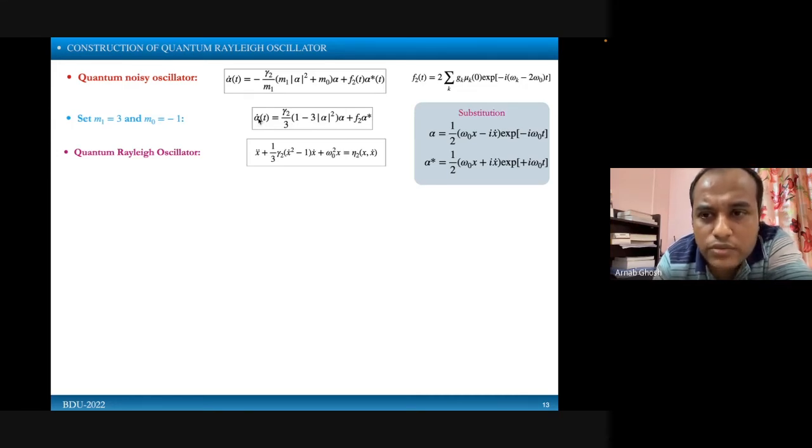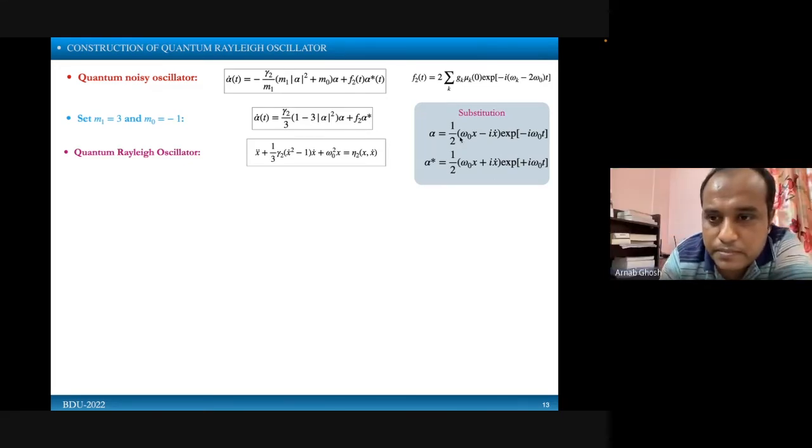To get back from this equation to this one, you have to have these substitutions. So if you have this alpha dot, and you have x dot only, then you get this x double dot and so on. This is just done by dimensional analysis, and this is the best choice.